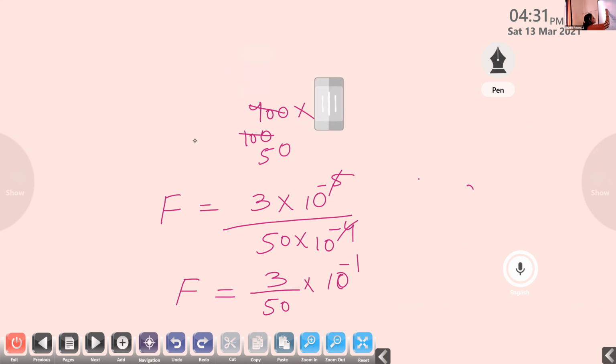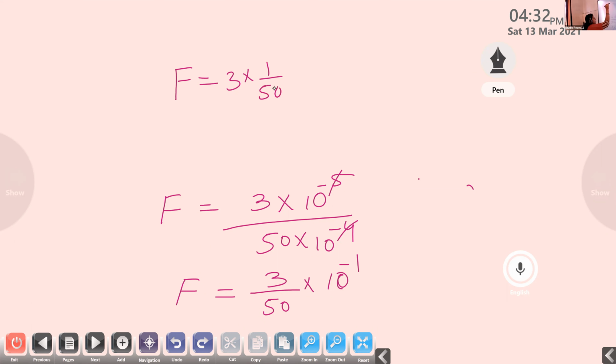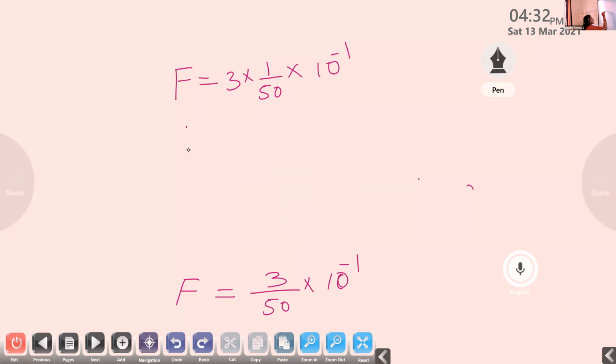So the force F is equal to 3 into, we can split the terms, 1 by 50 into 10 raised to minus 1. And 1 by 50 is equal to 0.02. So F is equal to 3 into 0.02 into 10 raised to minus 1. What is 3 into 0.02?